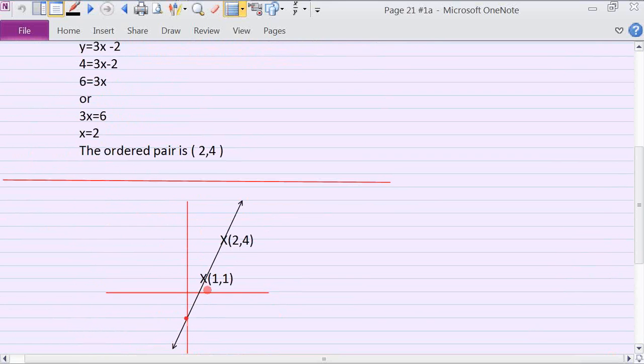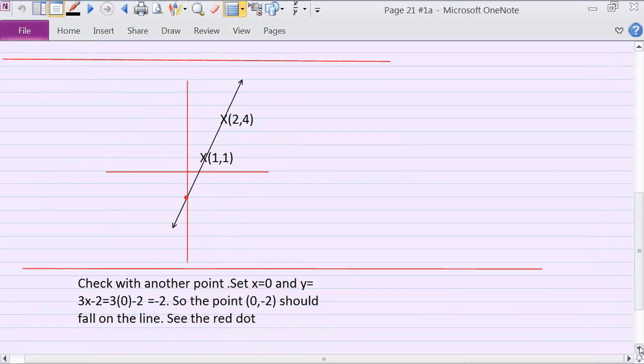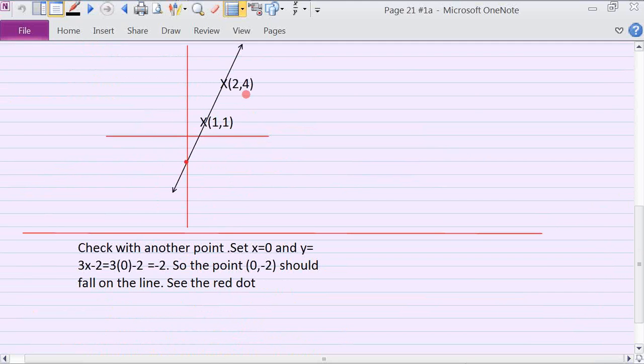So here, roughly speaking, here's the point (1, 1) right here. X is 1, y is 1, and this is the point (2, 4) marked with the letter X. So if we have 2 points and they lie on a straight line, we just need to connect the points and extend them in both directions to find the graph. So first of all, we filled in the missing components of the ordered pairs, and now we've drawn the graph.